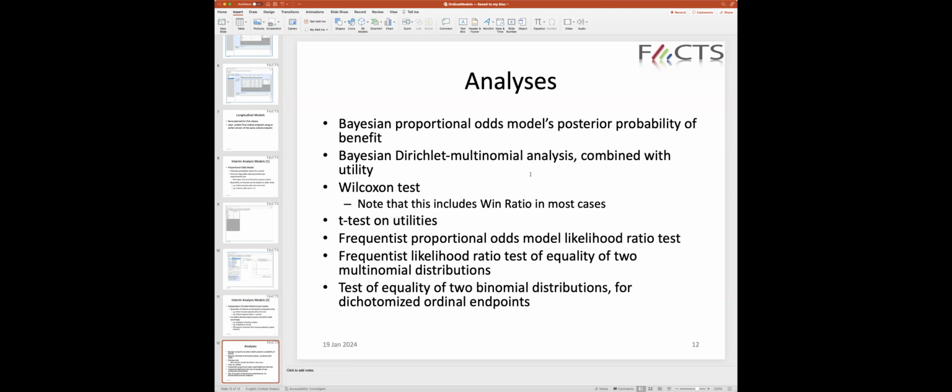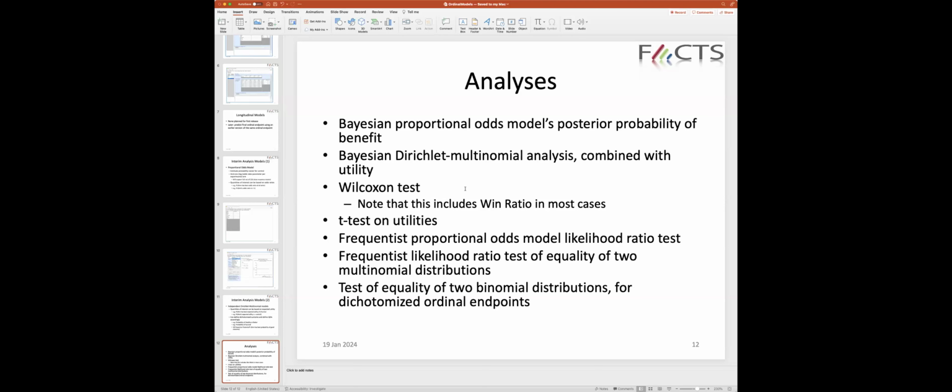We'll also support doing a Bayesian Dirichlet multinomial analysis combined with utility. So, for example, an arm is declared to be efficacious if it has at least a 98.5% probability of having a better expected utility than the control, something like that. We will also support the Wilcoxon test on the ordinal endpoints with careful attention to ties.